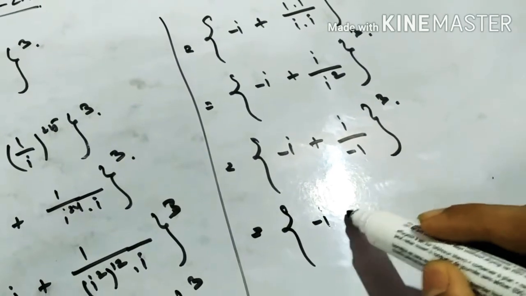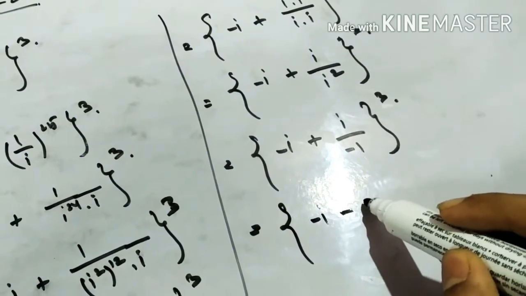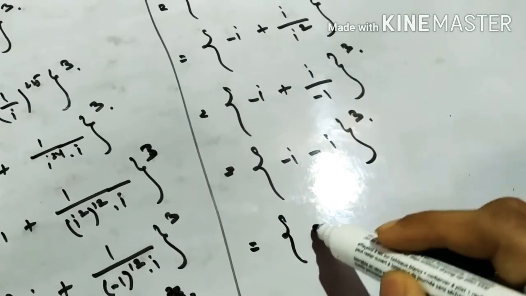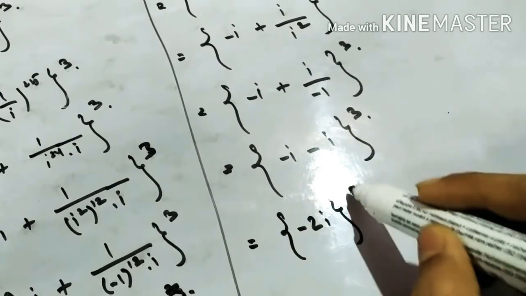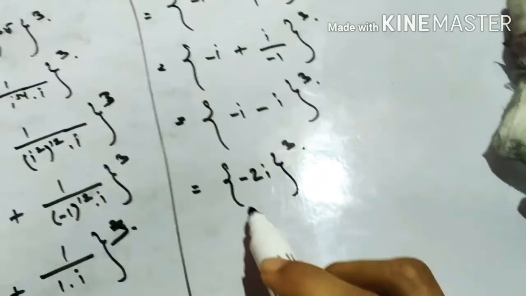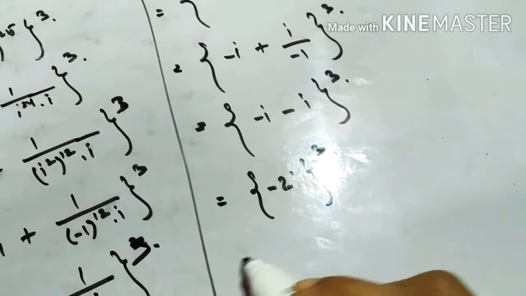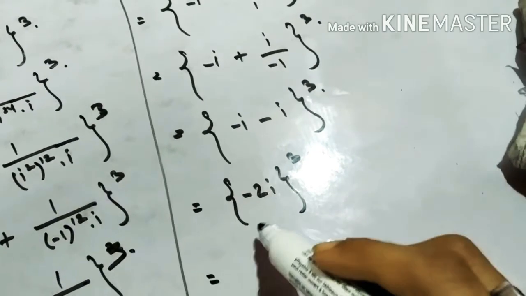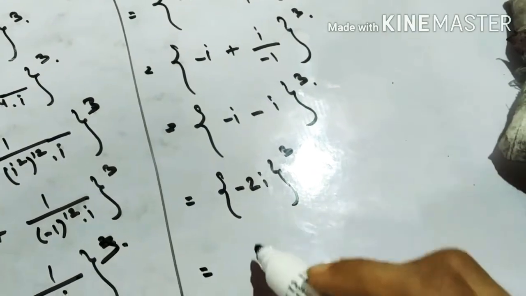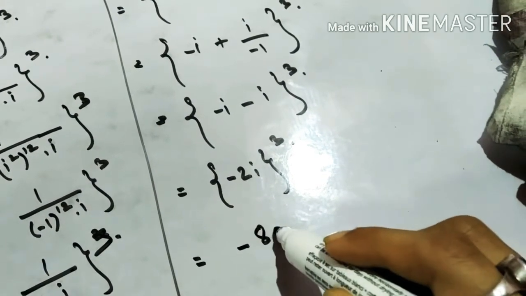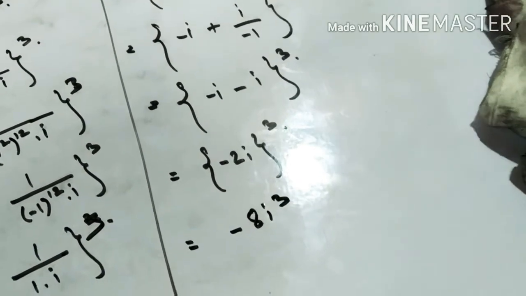So minus i minus i to the whole power 3, minus twice i to the whole power 3, which I will get as minus 8i cube.